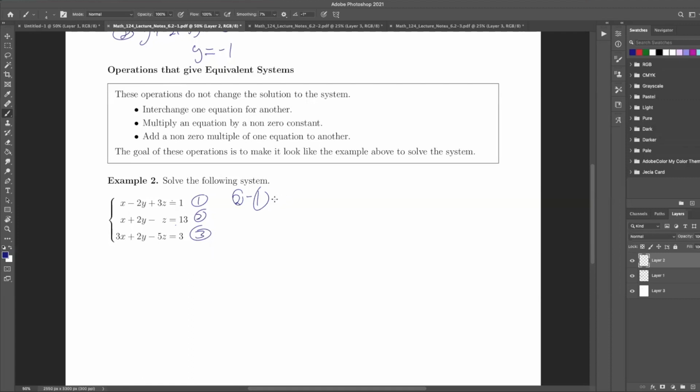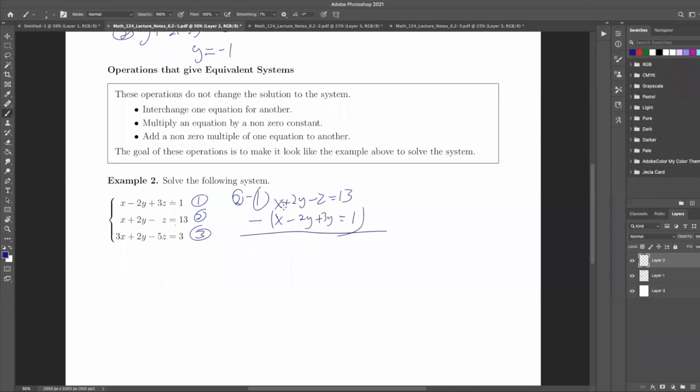So equation 2 is x plus 2y minus z equal to 13. That's equation 2. I'm going to subtract from it equation 1, which is x minus 2y plus 3z equal to 1. It's something I'm allowed to do. I'm going to subtract this all the way across.